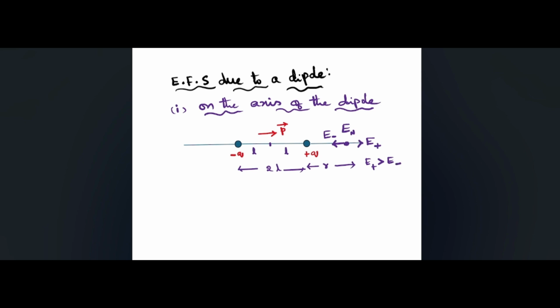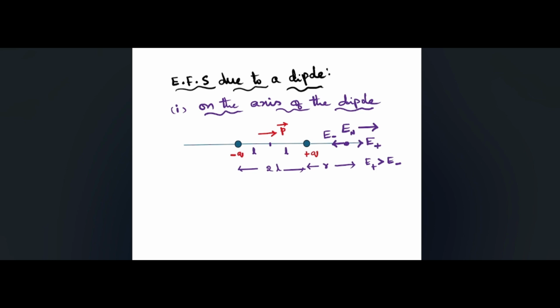So the net electric field will be along the direction of the axis, or simply in the direction of the dipole moment. If you want to know the direction of the electric field along the axis of the dipole, it is in the direction of the dipole moment.